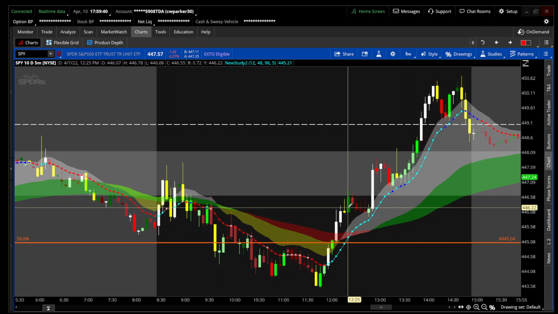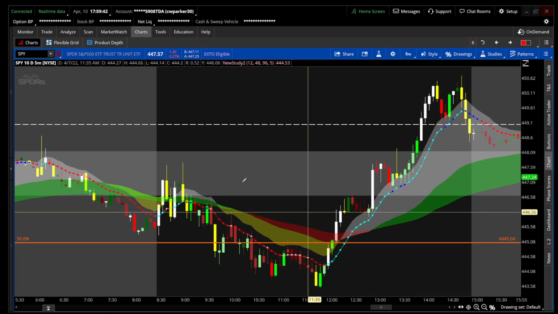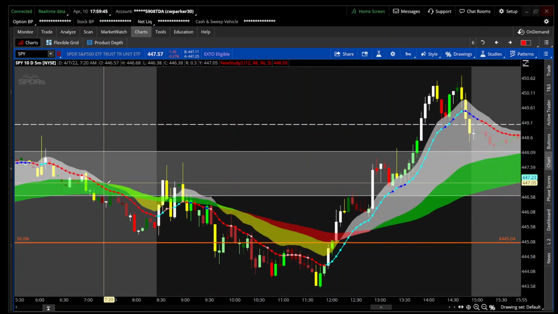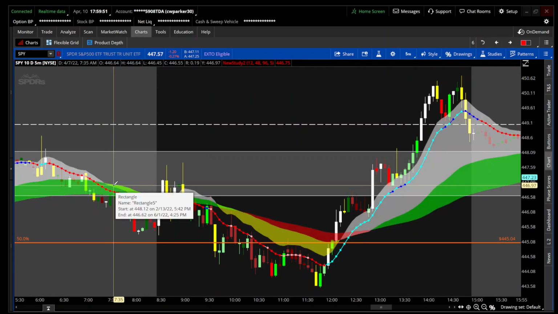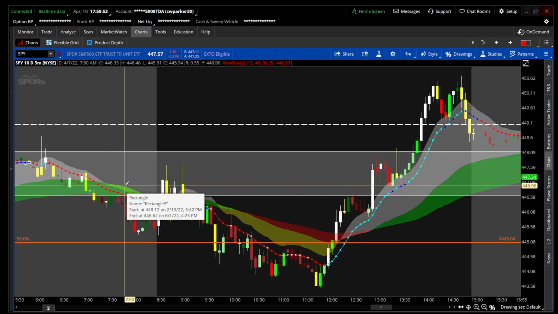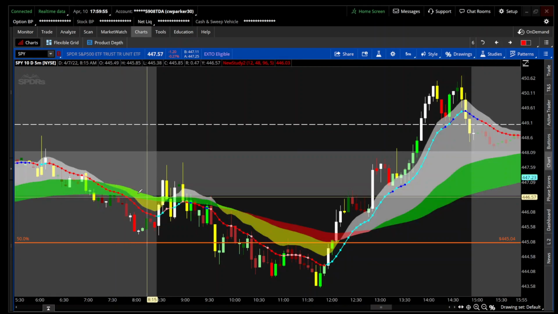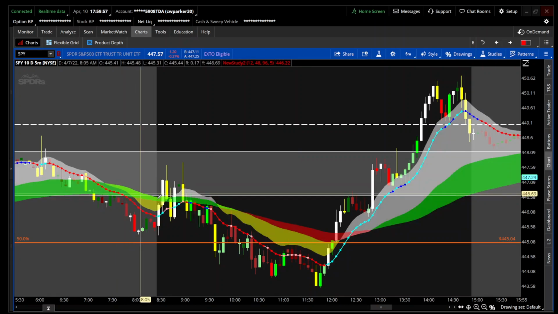So when we look at this situation right here on the 5 minute, you can see where the fast moving average and the mid moving average actually turned bearish, while the lower moving average and the mid moving average were still bullish.